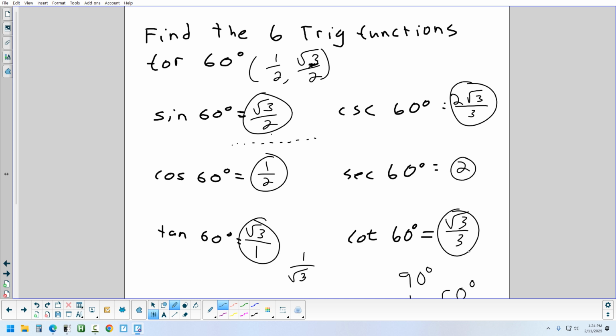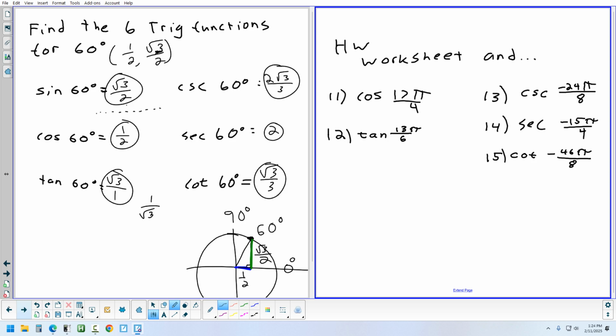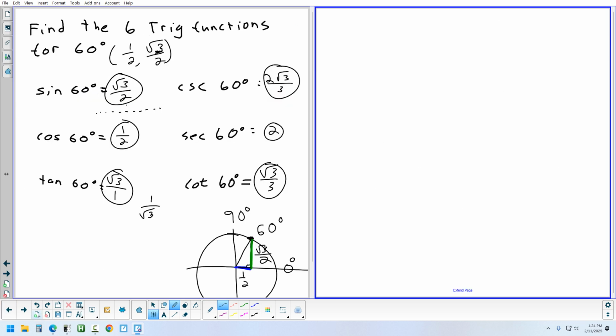Are we doing 30 now? Yep, we're going to do the 30. So let's try the 30. And then what I want to do is compare the difference between the answers we get for 30 and for 60. We already know the coordinate, it just switches the x and the y.